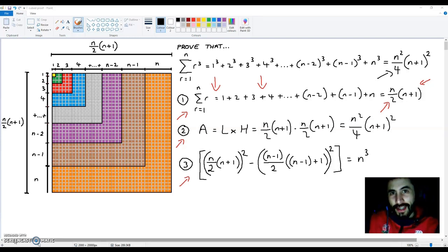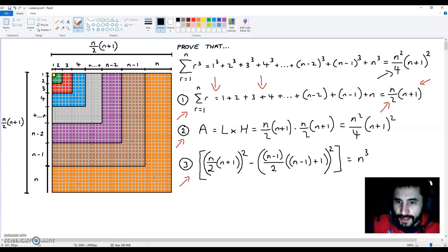Now, you've looked at this diagram carefully, you've paused the video, you've listened to what I've said, and you've done everything you had to do to understand why the area of this big square is n squared over 4 multiplied by n plus 1 squared. The next thing you will have to understand is what each part of this big square is individually, because we are going to need that to get our proof.